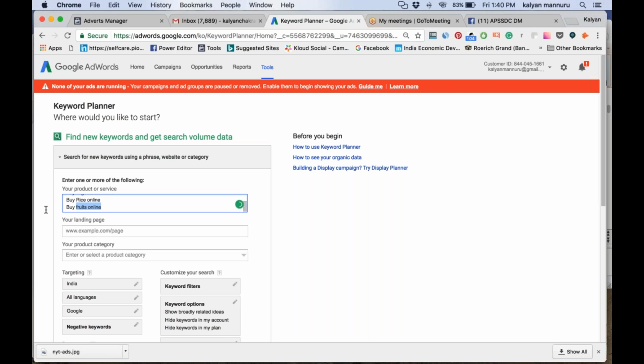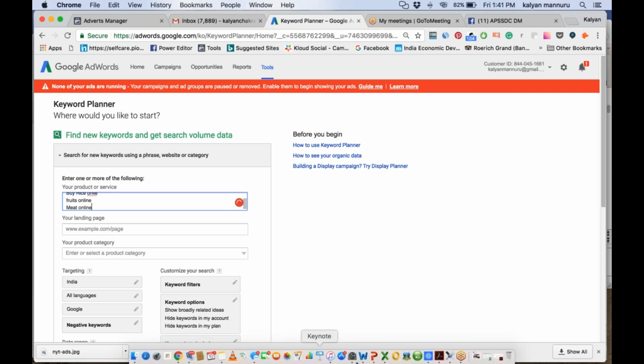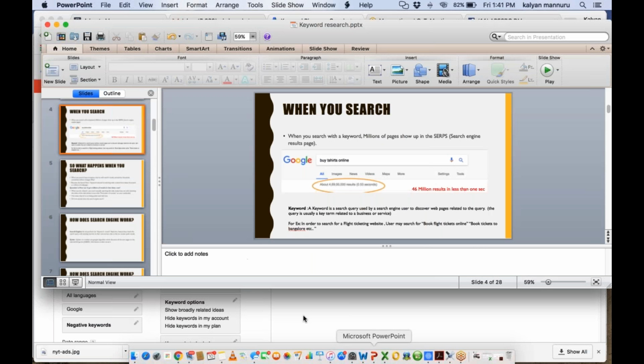You don't have to add "buy" also, it's up to you. I'm just entering it. So you can just mention your category here: fruits, rice, vegetables, and meat online.